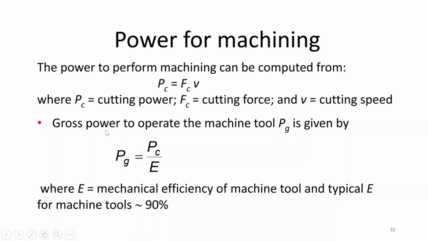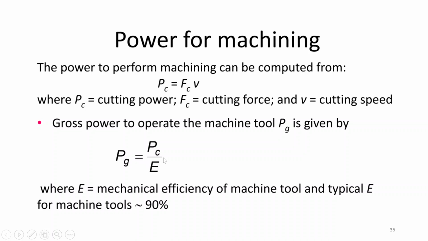And the gross power to operate the machine tool, Pg, is given by Pg equals Pc upon E. Capital E is the mechanical efficiency of the machine tool. Typical E for machine tools can be around 90% or below that.